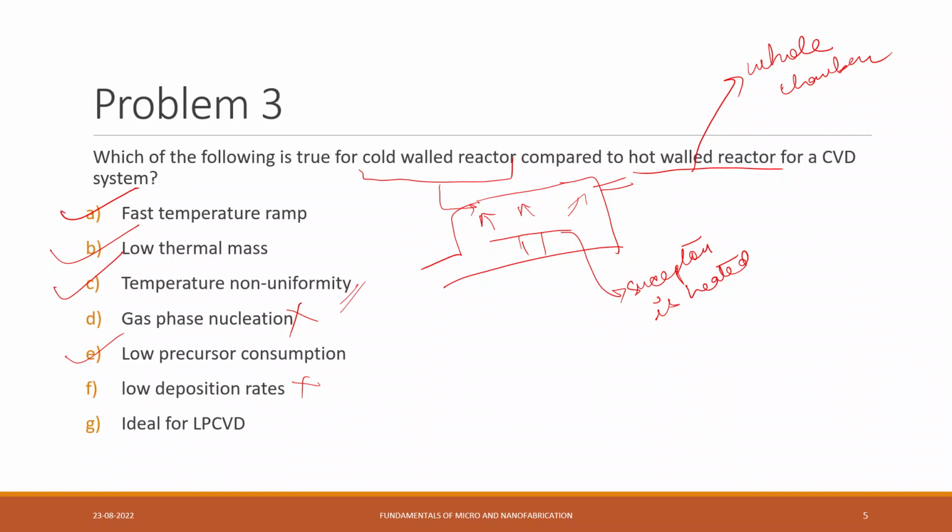For LPCVD systems, we need the temperature to be uniform because it has a higher dependence on temperature, as it will be running in the reaction-limited regime. So it is not ideal for the LPCVD system. Is that clear to you all?